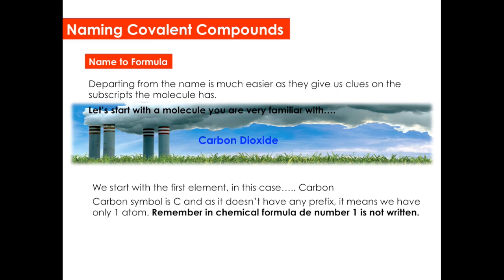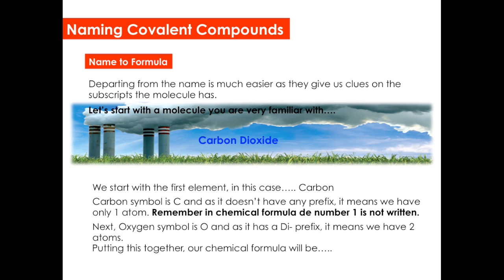Its symbol is C, and as it doesn't have any prefix, it means that we have only one atom. Remember, in a chemical formula, the number 1 is not written. Next, oxygen, the symbol is O, and as it has a di prefix, it means that we have 2 atoms. Putting this information together, our chemical formula will be CO2.